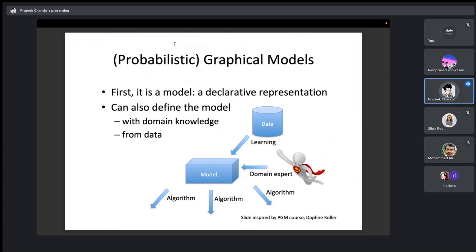So for example, if you do a regression problem in a medical setting, you say, given these symptoms and lab tests, my blood sugar level would be within some range, or even your blood pressure would be within some range.